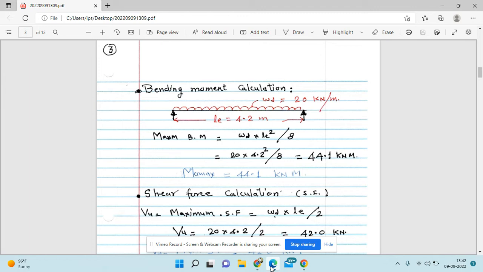Similarly, we have to calculate the maximum shear force. Maximum shear force, which is denoted by Vu, is nothing but the maximum reaction just to the left or right of the support. And as it is simply supported, uniformly distributed over the entire span, Vu is nothing but WD LE by 2.